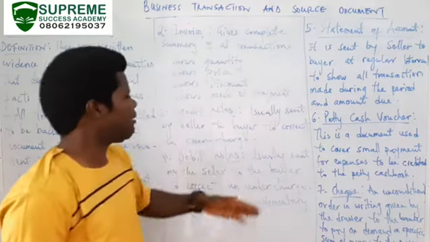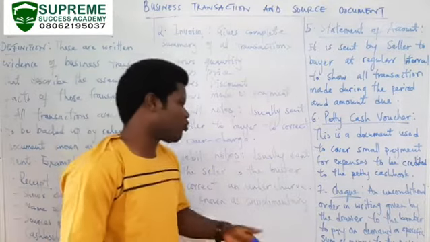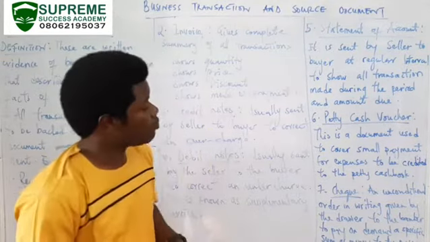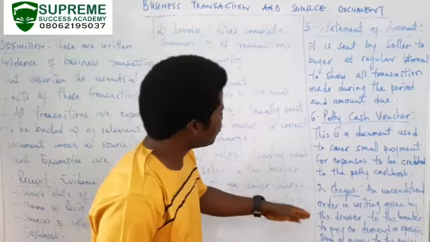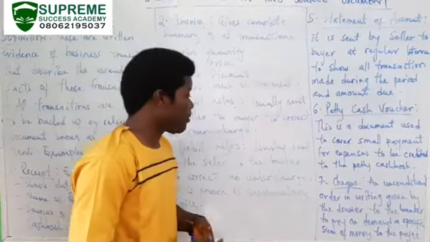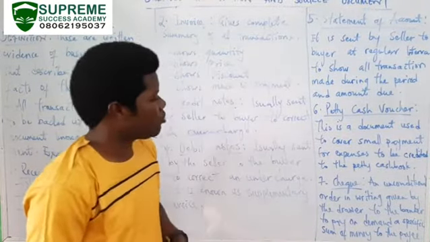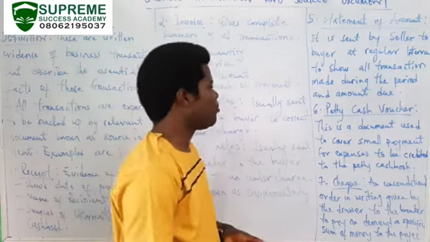And of course, the last example of such a document is a check. We are also familiar with a check. A check is an unconditional order in writing that is given by the drawer to the banker to pay on demand a specific sum of money to the named payee.